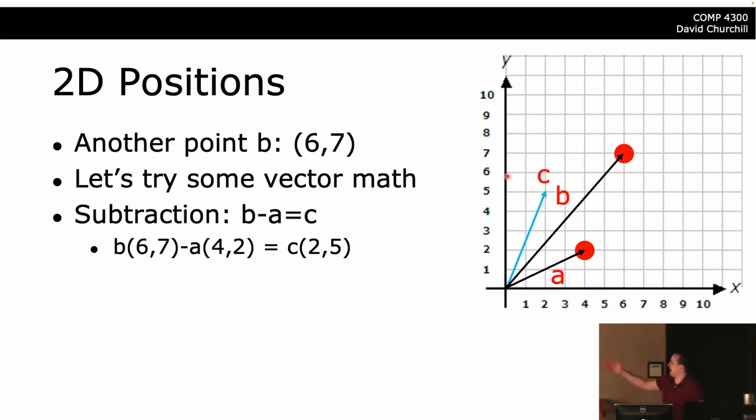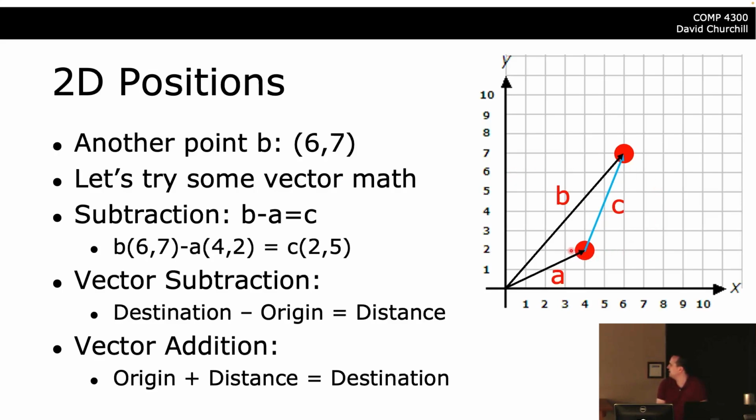And what this C actually represents is the vector that goes from A to B, right? So yes, you could do that vector subtraction, but it's nice to be able to see, okay, if I actually put that over there at A, it points to B, and that's a useful property, right, that we're going to use.